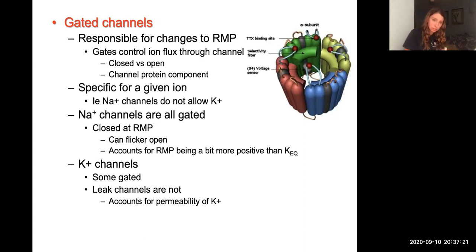That's one of the reasons. It accounts for resting membrane potential being a bit more positive than potassium, because these flicker open, making it closer to 70 rather than 90, which would be the potassium equilibrium.